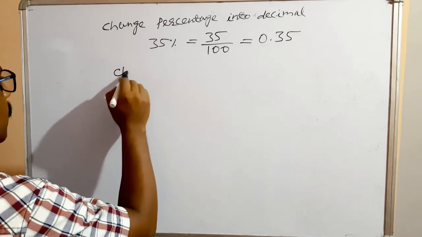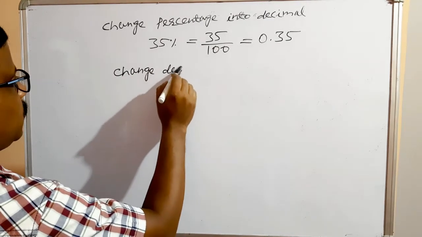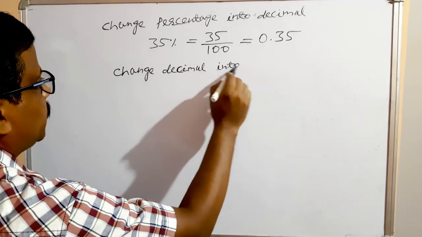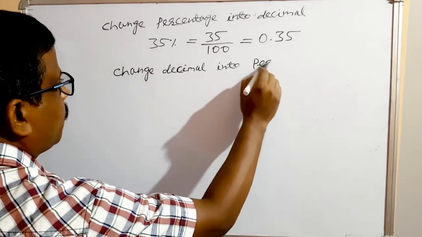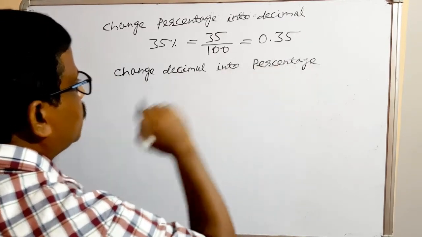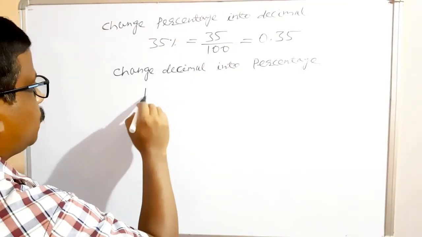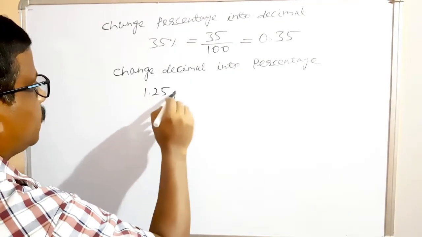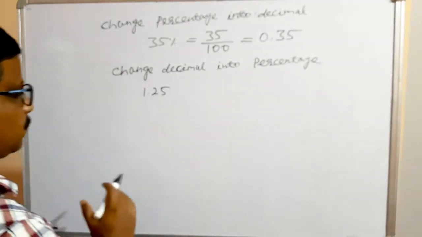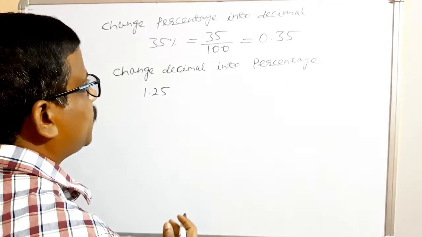Now change decimal into percentage. Suppose the decimal 1.25 is given to you. To convert to percentage, the first step is to convert into fraction, then change into percentage.